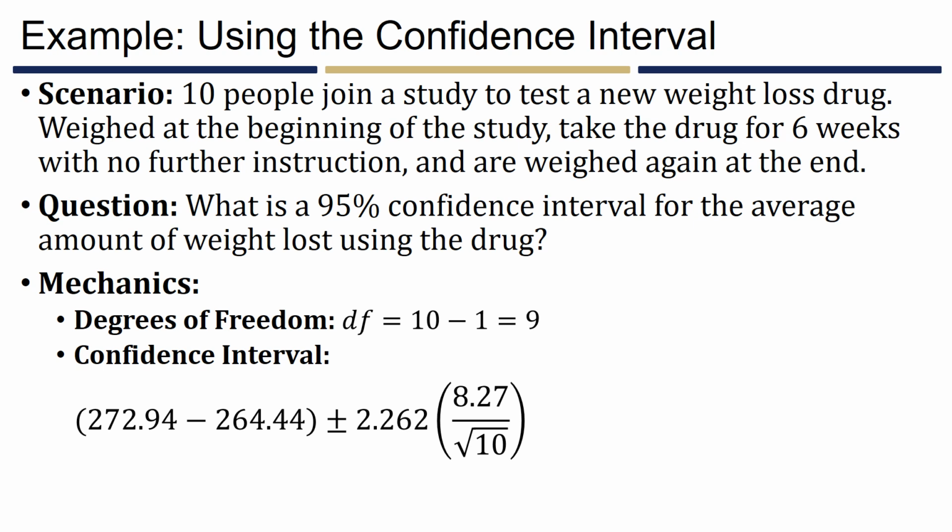Add and subtract the critical value, 2.262, times our sample standard deviation of the differences. That value from a couple of slides ago was 8.27. Divide that by the square root of 10. That gives us 8.5 as the center of our interval, 5.91 as our margin of error. So our final confidence interval is 2.59 on the lower end, 14.41 on the upper end.